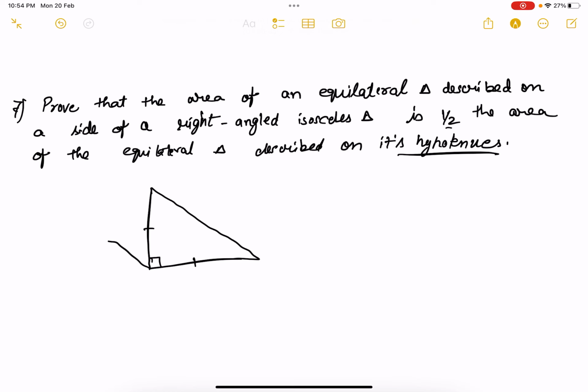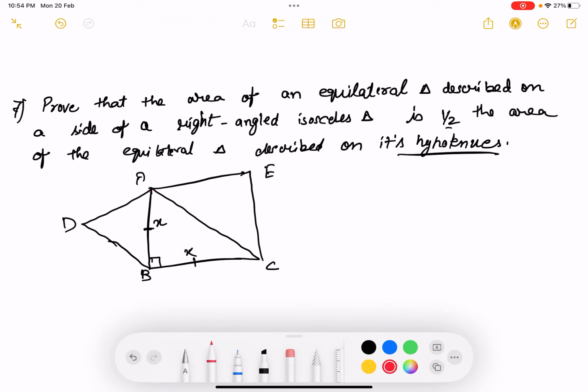Again, this is equal to this. Again, the method is the same. Let's name this ABC, and this as D, and this as E. So this is an isosceles right angle triangle. So if this is x, then this is also x, and this triangle is equilateral, so this is also x, this is also x.